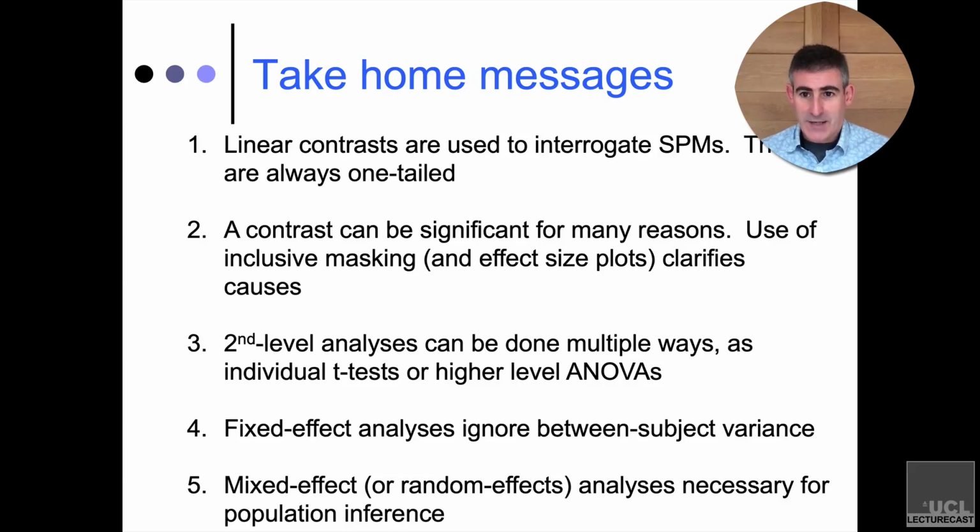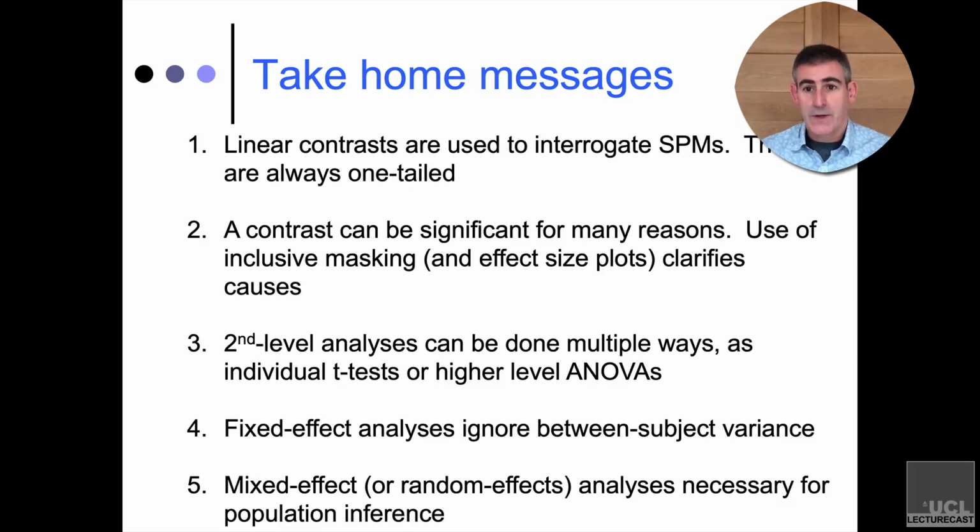Often, in practice, you'll use both, because if participants are experiencing more than a single run during the data collection, then you're going to use a fixed effects analysis to compute a subject level estimate, right? What did this subject do across the multiple runs that I have of this person? And then you'll use that subject level analysis in a random effects analysis where you can start to estimate between subject variance, to estimate how this data would generalize to a larger population.